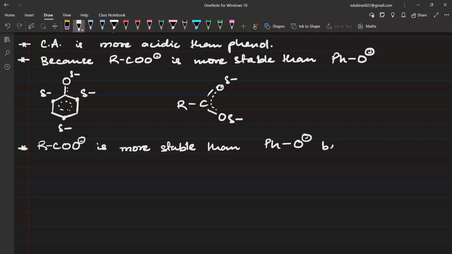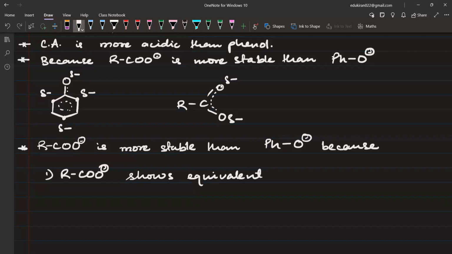Phenoxide negative because, number one, RCOO negative, the carboxylate ion, shows equivalent resonance.